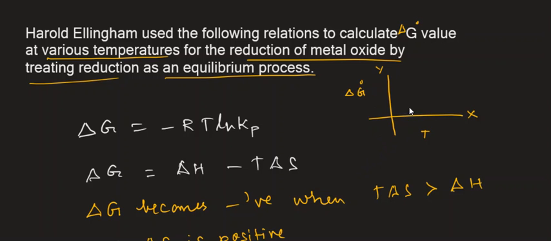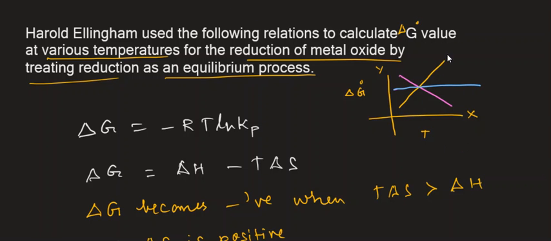By plotting this curve with various metal oxides, he was able to get certain graphs with a positive slope like this, and for certain metal oxides he was able to get a negative slope, and in certain cases he got a straight line with slope 0.